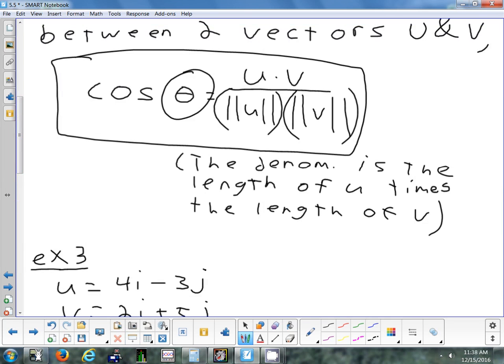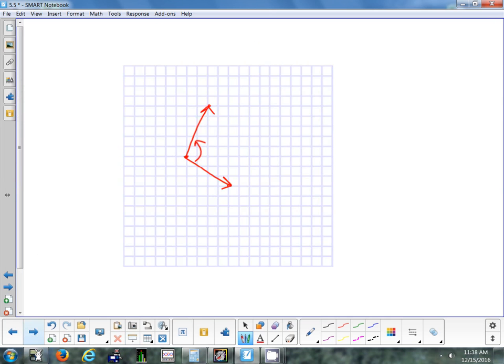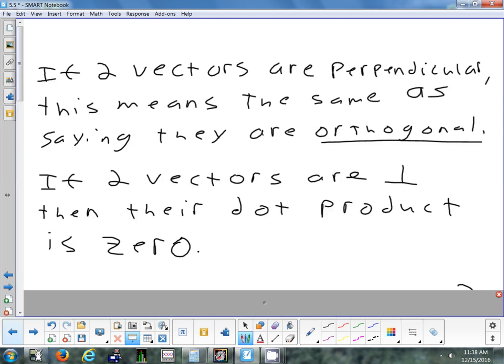So basically, the shortcut here is if the dot product comes out to 0, then your two vectors are perpendicular. That's all you have to do, because 0 divided by anything is 0. And if this fraction is equal to 0, I guarantee you that angle has to be 90. So that's a shortcut for finding if two vectors are perpendicular. The dot product is 0.